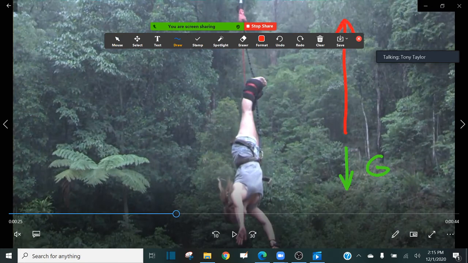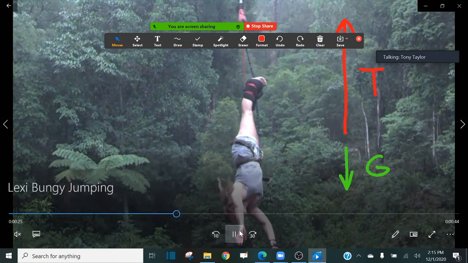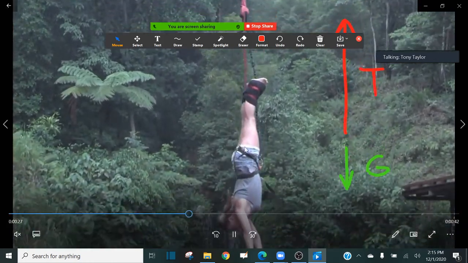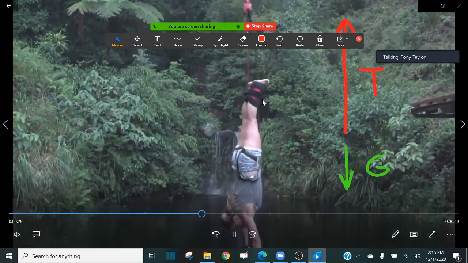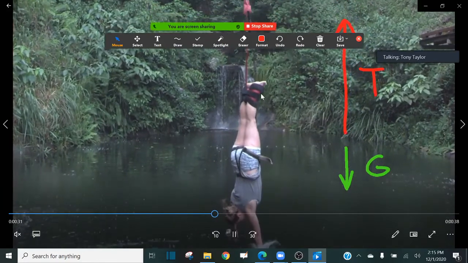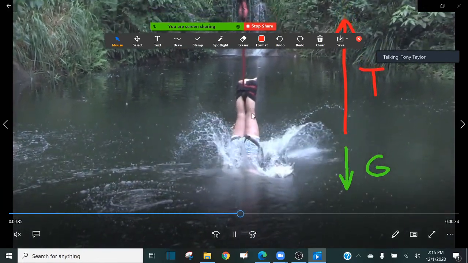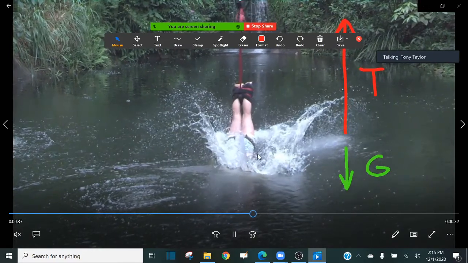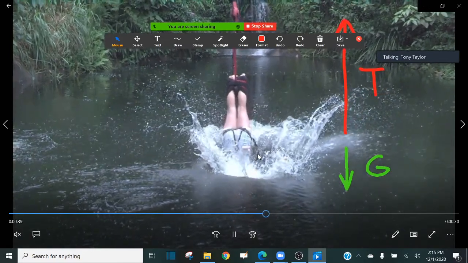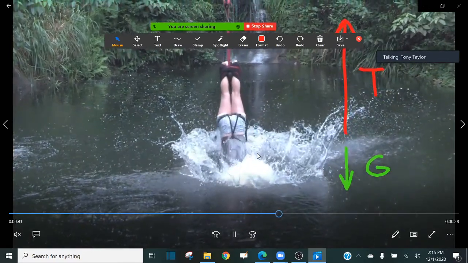As the rope tightens, tension is a lot larger than gravity. So at this moment, as she falls, she starts to slow down. And you know she's slowing down because she doesn't fully go into the water. She slows down, briefly comes to a stop, and then she begins moving back up.